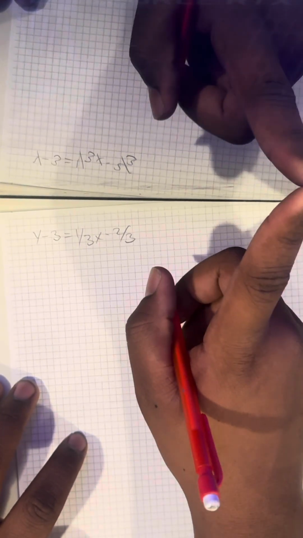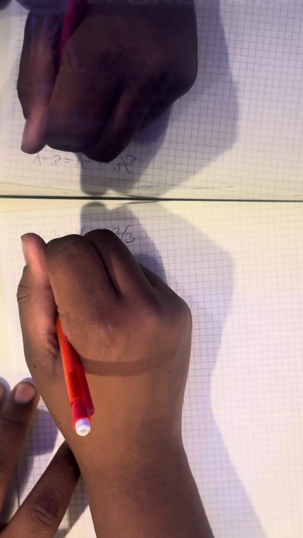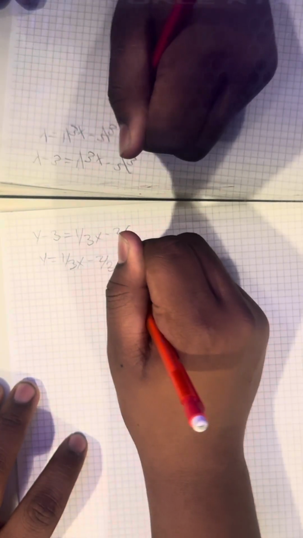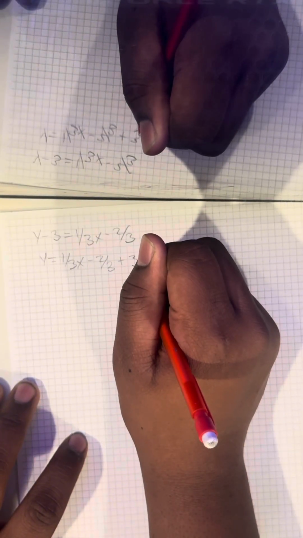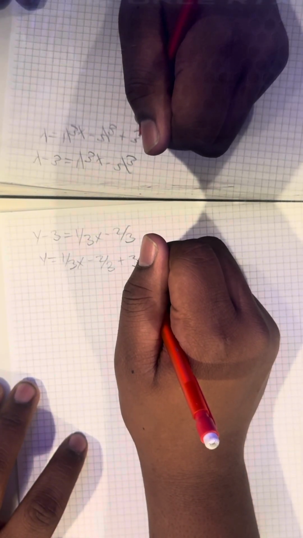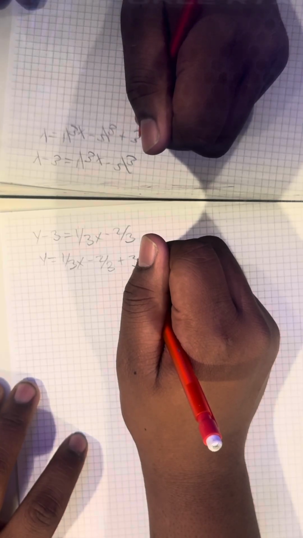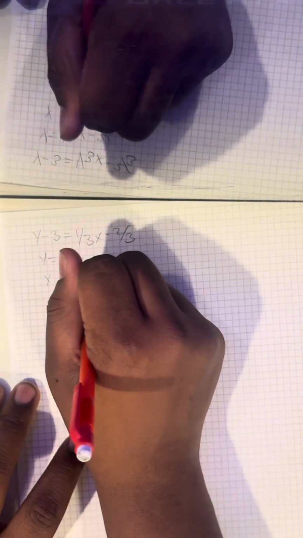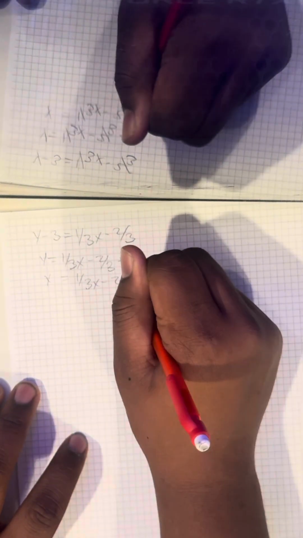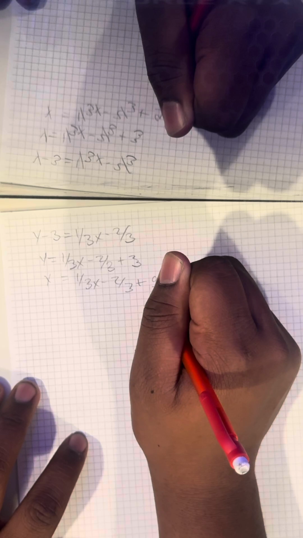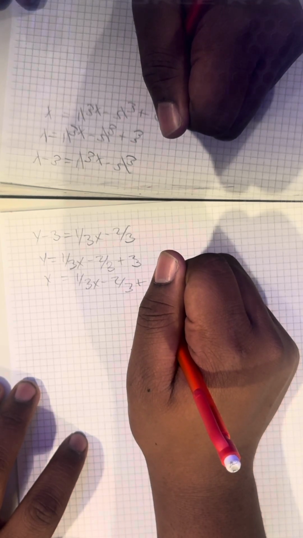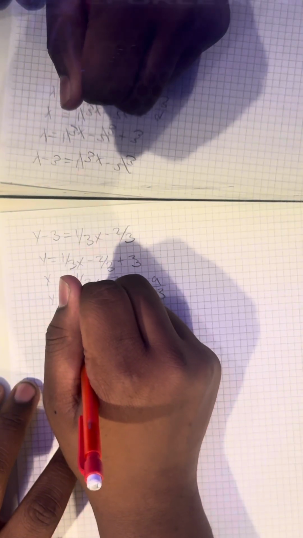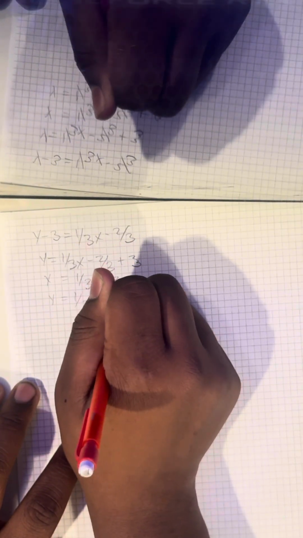Now we have to put it into slope-intercept form, so that's going to be y equals 1 over 3 x minus 2 over 3 plus 3. That equals 1 over 3 x minus 2 over 3 plus 9 over 3. And that will be y equals 1 over 3 x plus 7 over 3.